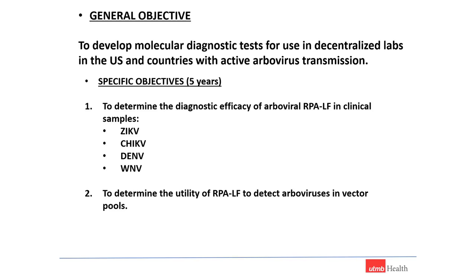Obviously, the goal is to develop these assays for Zika, chikungunya, dengue, and of course West Nile, and then eventually other and emerging new viruses, anything that pops up, as well as detecting these viruses in their potential vectors.